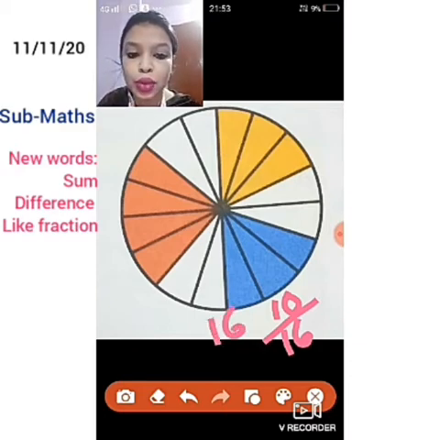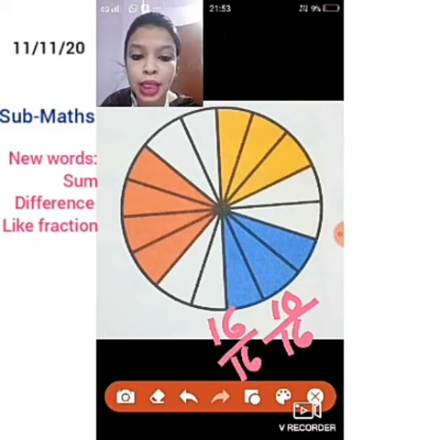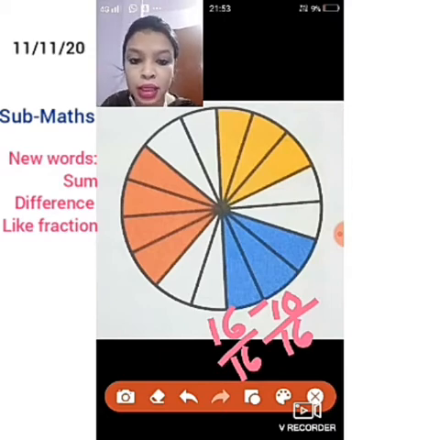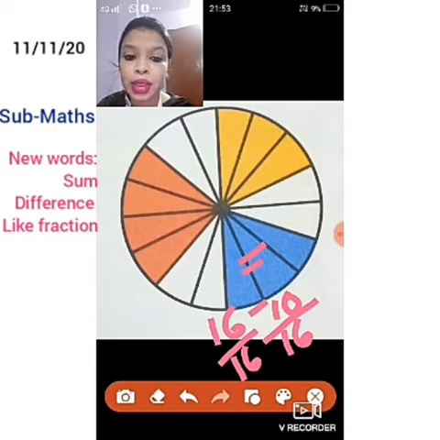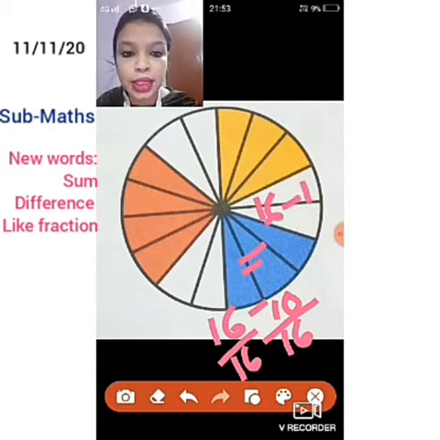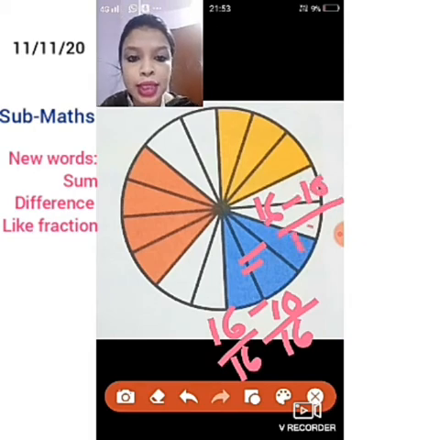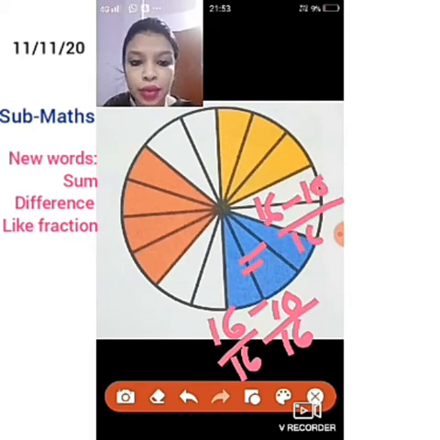Okay, so the whole will be 16 by 16. Now from 16 by 16 I have to subtract 10 by 16 because 10 parts are colored. Now what will be the answer? The answer will be, 16 and 16 have a common denominator, so 16 minus 10 by 16. The answer will be 6 by 16.